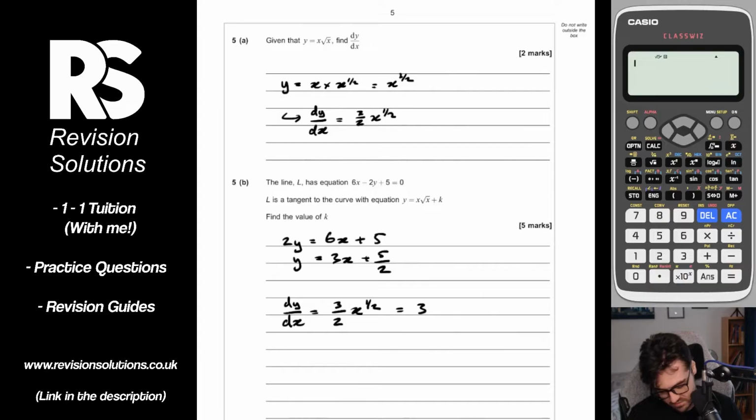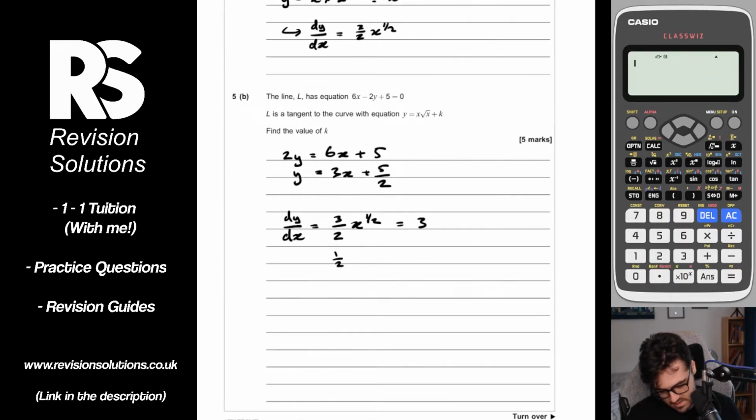Let's first divide everything by 3 and then multiply by 2. So if I divide by 3 first, I'd have a half x to the half equals 1. Then if I multiply by 2, I'd have x to the half equals 2. Then squaring both sides, I would get x equals 4.